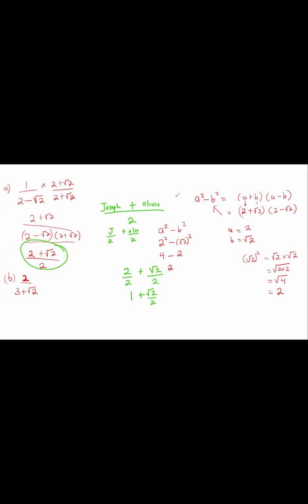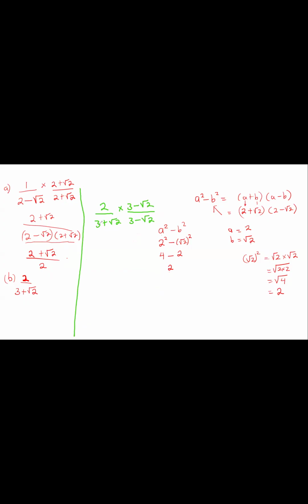Okay. So I've given you another number here to try out. Let me hope people are trying out. So for this particular number, we have 2 out of 3 plus root of 2. We said to get it, you look at the denominator, then you change the sign. This will be 3 minus root of 2.